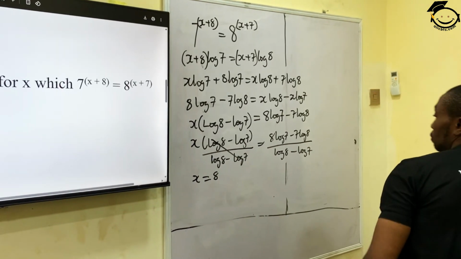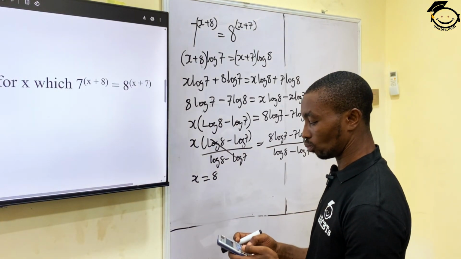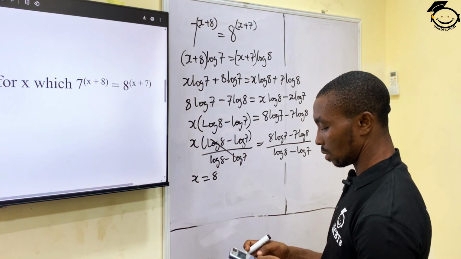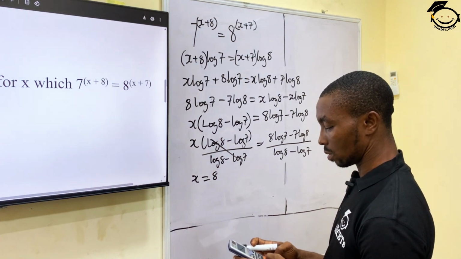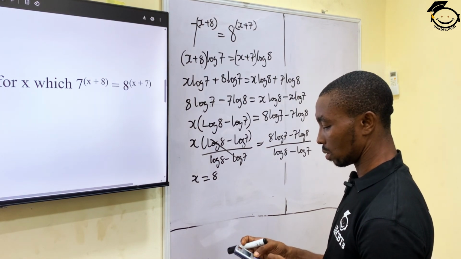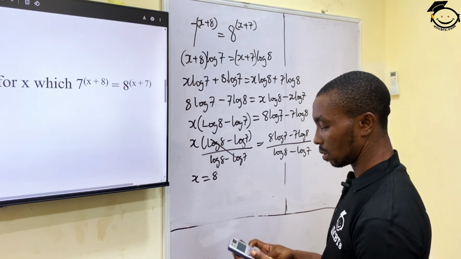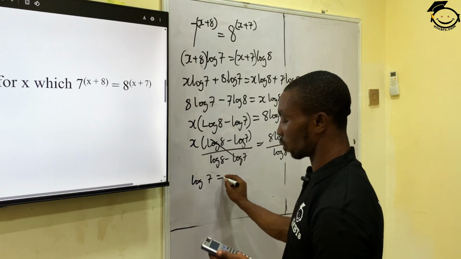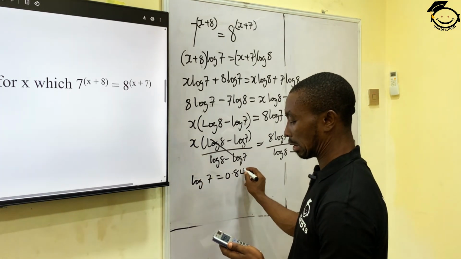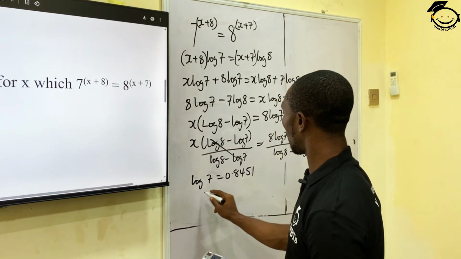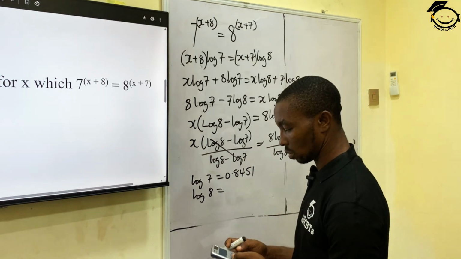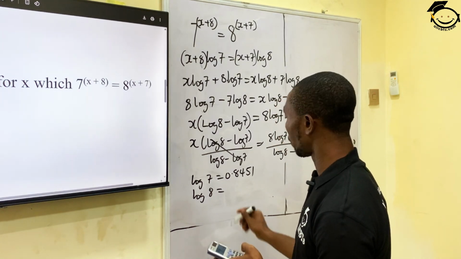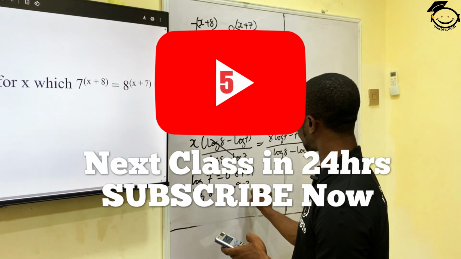8 log 7 minus 7 log 8, all over log 8 minus log 7. Log 7 equals 0.8451, and log 8 equals 0.9031.